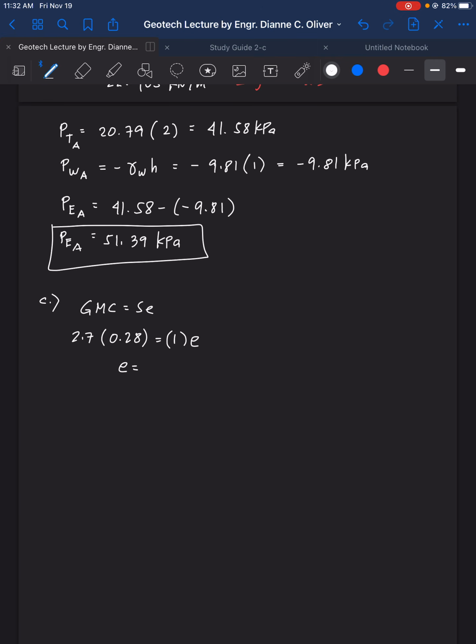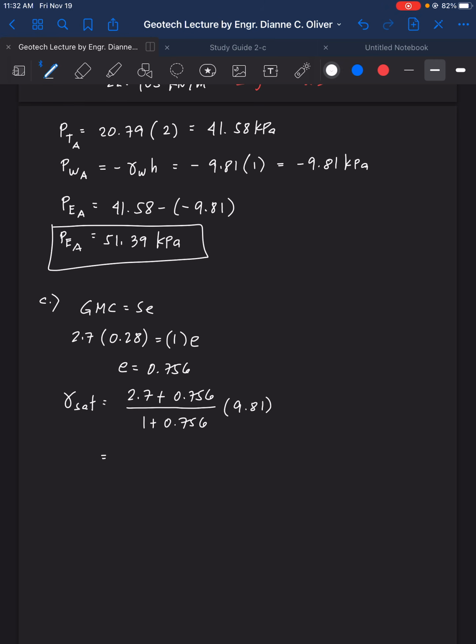Having their E, the void ratio is now equal to 0.756. Gamma sat is now equal to G plus E, all over 1 plus E, times gamma water.